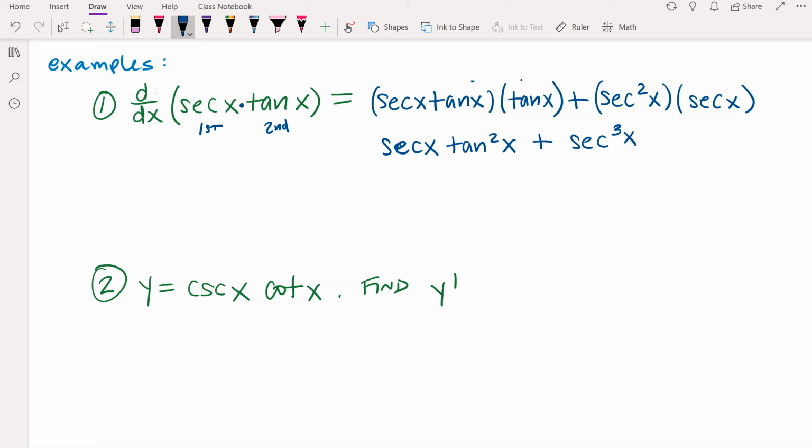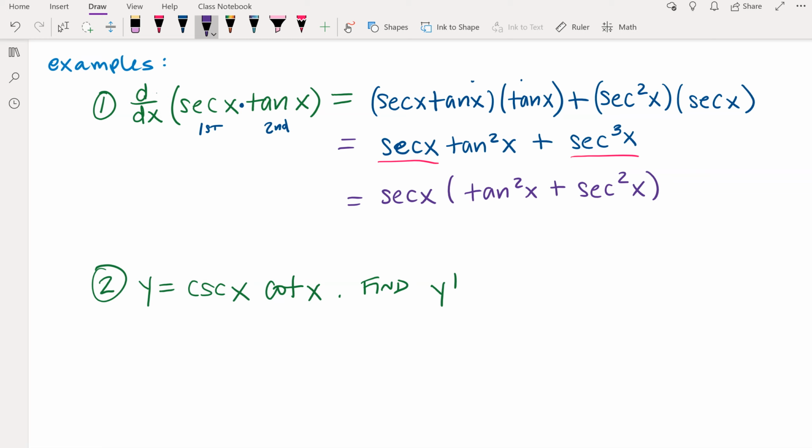A lot of the time in calculus, it's going to be helpful to factor out a GCF. So let's make sure we recognize that we have secant as a GCF. You could also write this as secant x times tan squared x plus secant squared x, because we took one of those secants out.